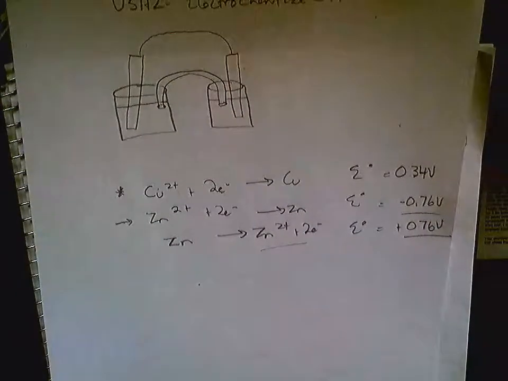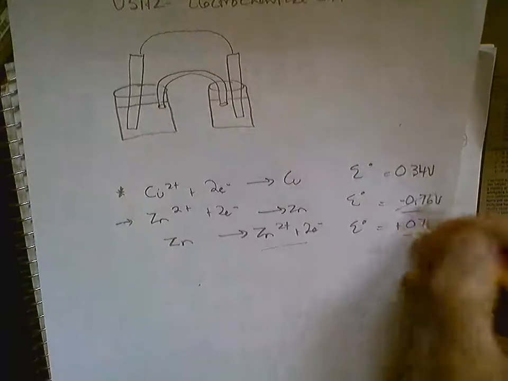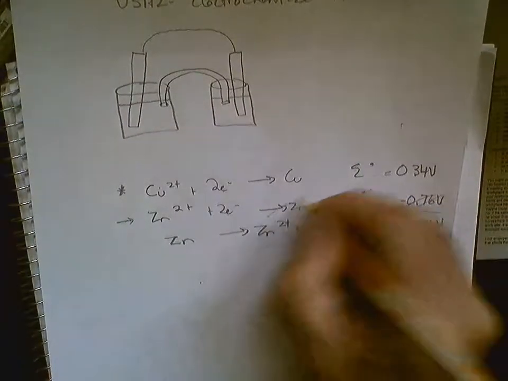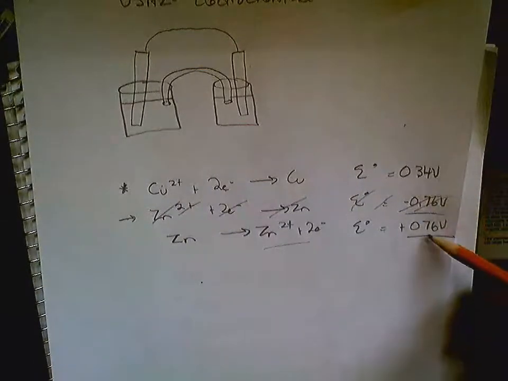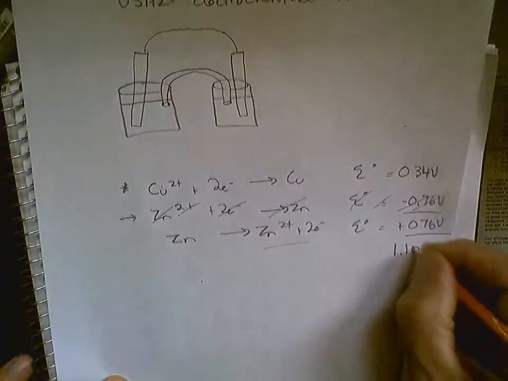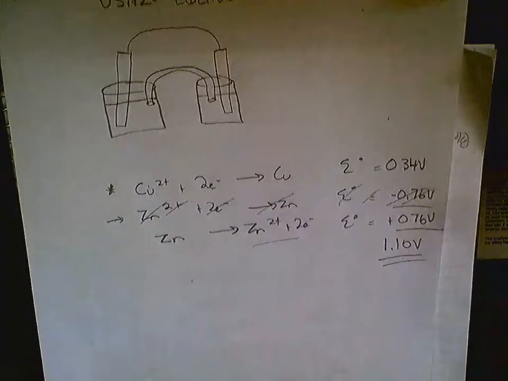Now all you do is you add up. Since we've changed everything, now all we do is we add up the 0.34 and the 0.76 and we get the voltage for our battery: 1.1 volts.